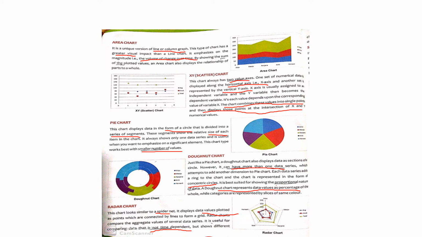Each data series adds a ring to the chart, which means the number of columns available to us depends on the number of concentric circles that we are drawing. So all this depends on the number of data series which are available to us, and it is best suited for showing the proportional nature of data.